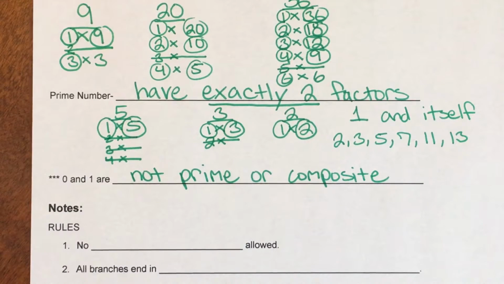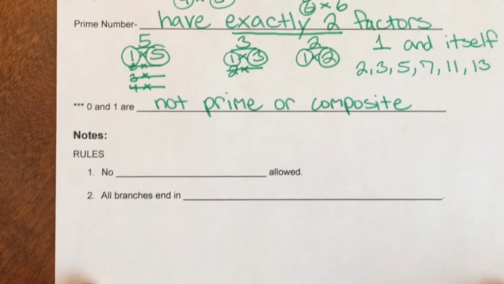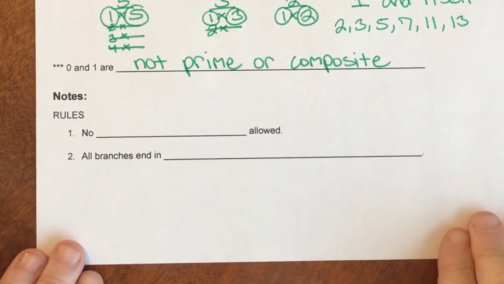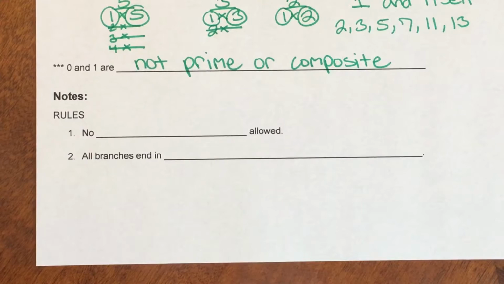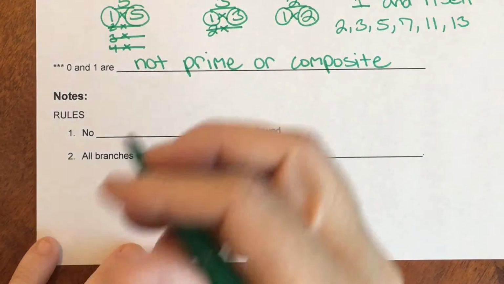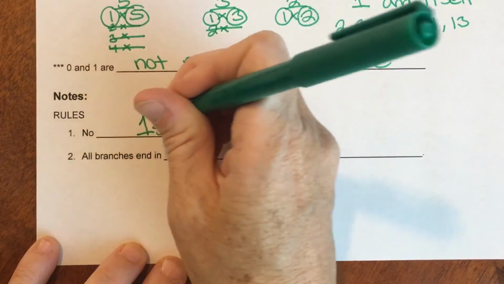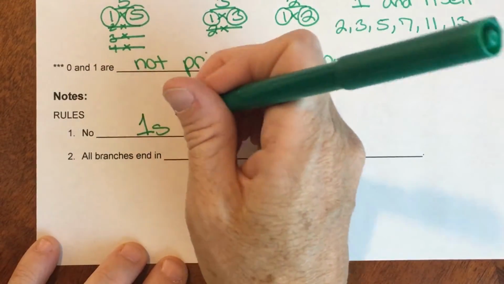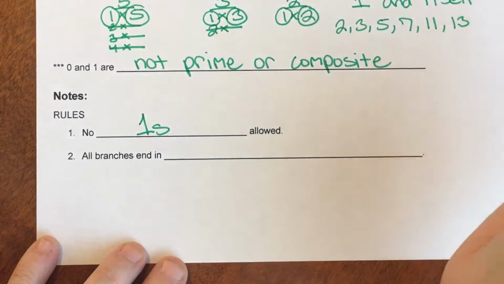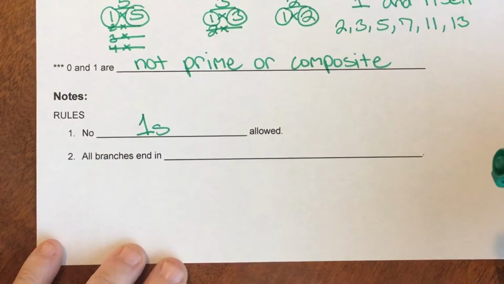Okay, so our notes are kind of rules. We're going to be making these things called factor trees, and here are the rules that I've created to help us. First, no ones allowed. They're not going to be allowed in your factor tree.